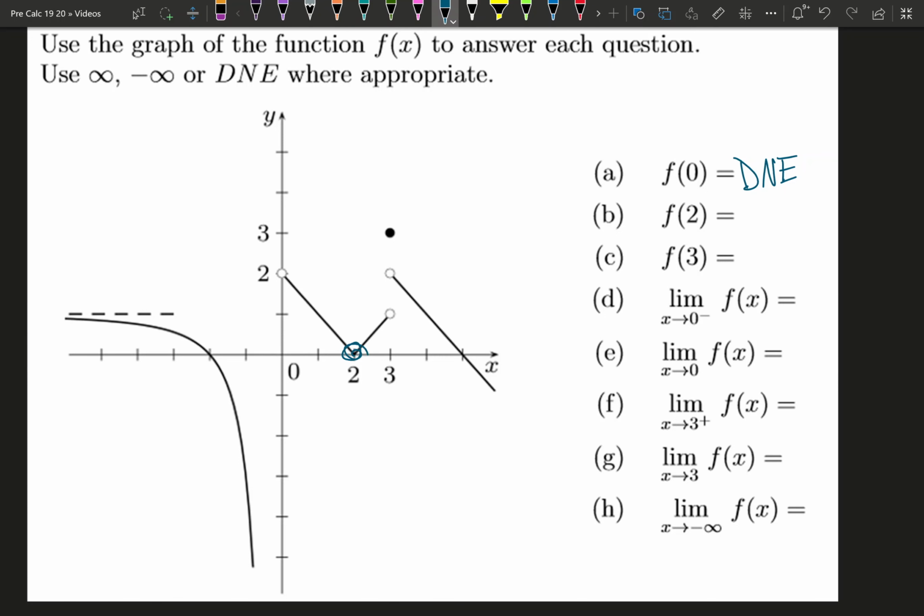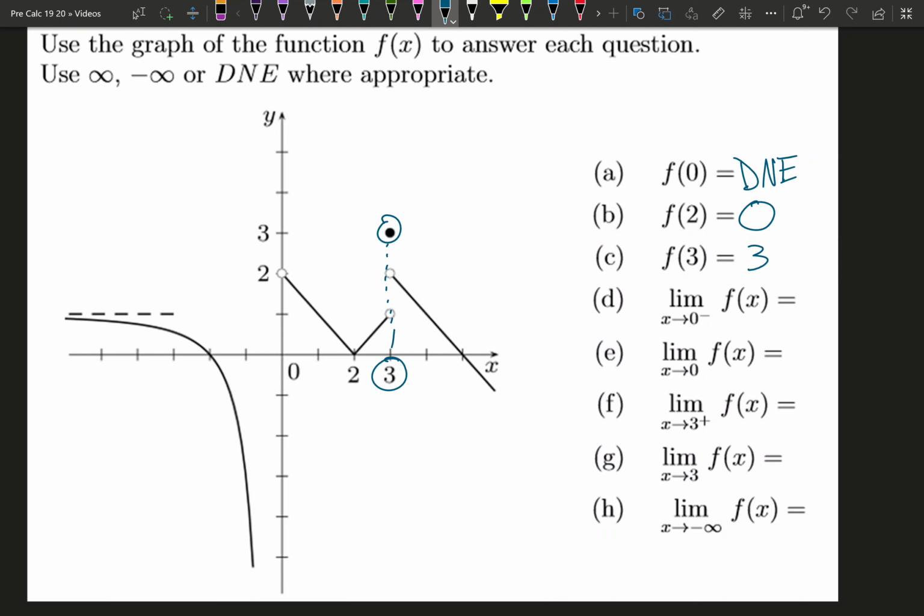F of 2, we take a look at x equals 2, and we see that the y-coordinate is equal to 0. All we're doing here, finding the y-coordinate, and then we'll go from there. F of 3, we take a look at the function, and the filled-in circle is at that y-coordinate at 3.